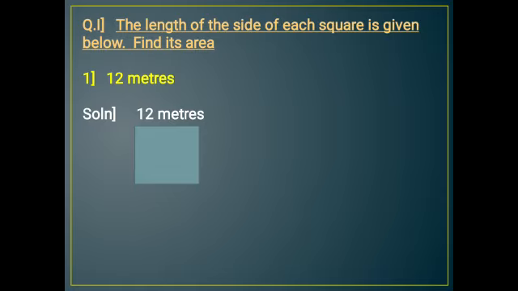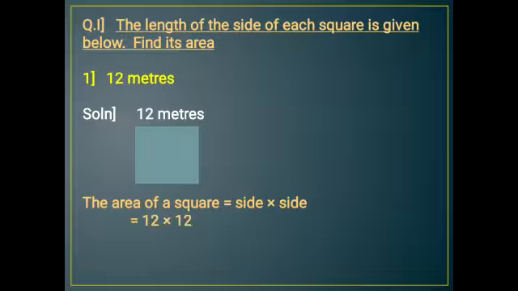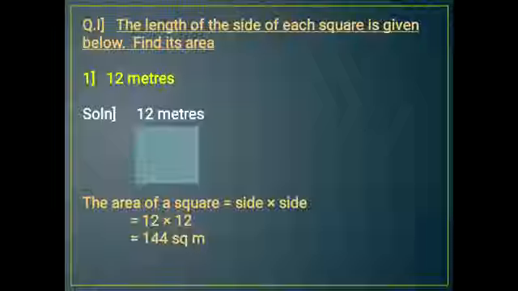As we know the formula of the area of a square, what is the formula? The area of a square is equal to side into side. So what we will write? 12 into 12. We know that when we multiply 12 by 12 we get the answer 144 square meter. That sq is nothing but square meter. How did we write in perimeter?